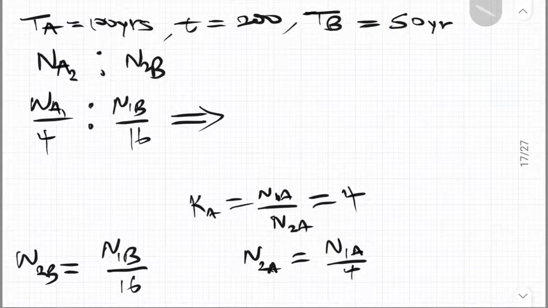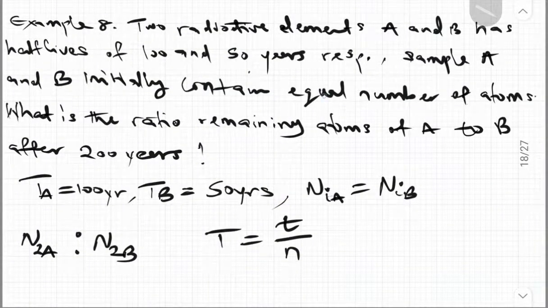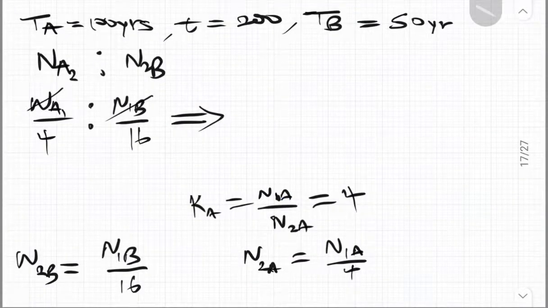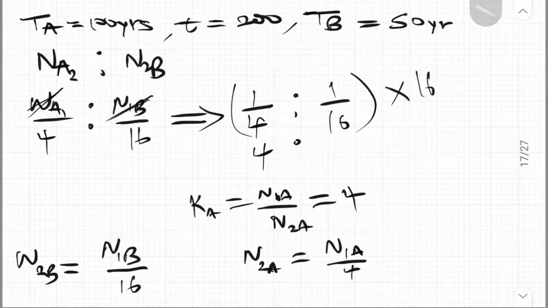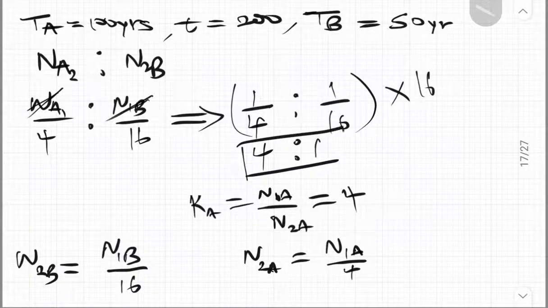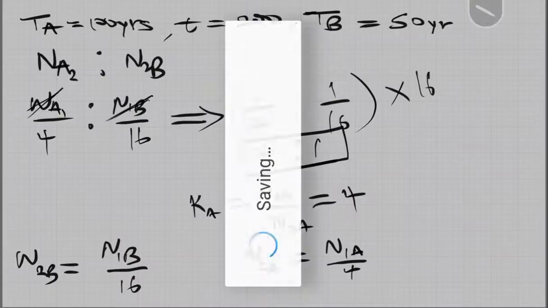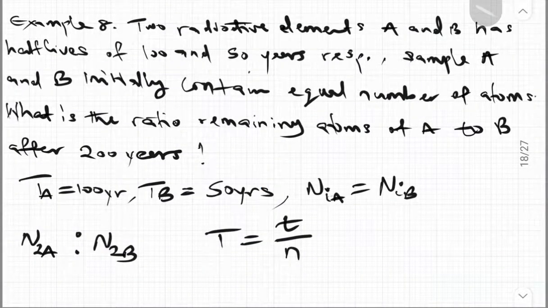We said that these two initial amounts are equal, so we can cancel them out. So we just have 1 over 4 ratio 1 over 16. We can multiply both by 16. So 16 times 1 over 4 is 4, and 16 times 1 over 16 is 1. So the ratio is 4:1. Okay, so we have 4:1 as the answer to this question.